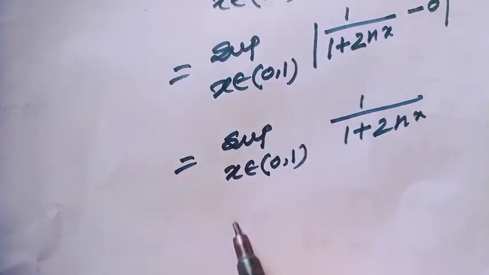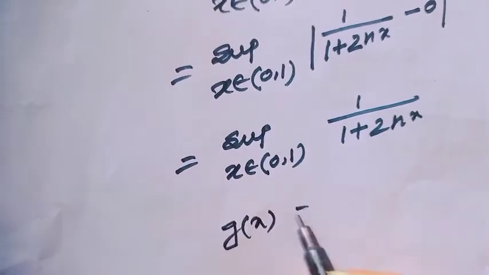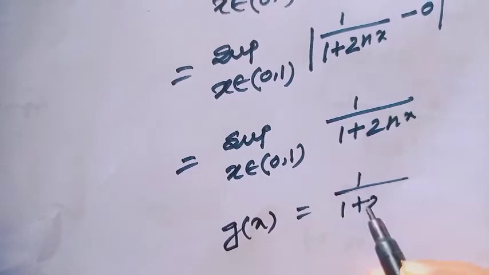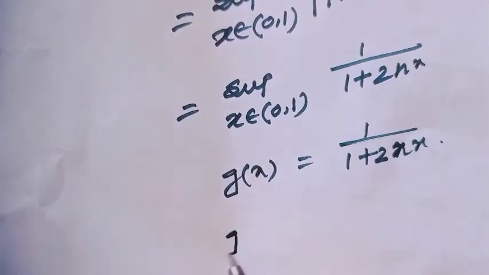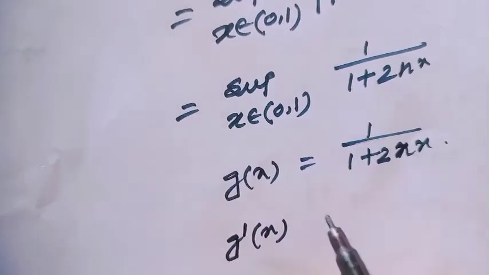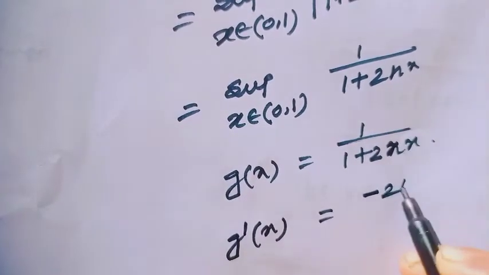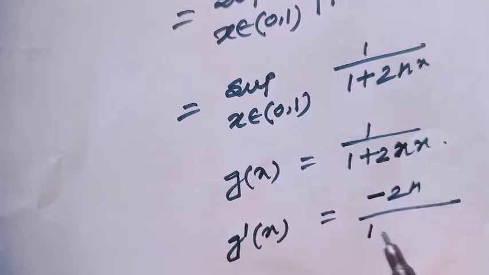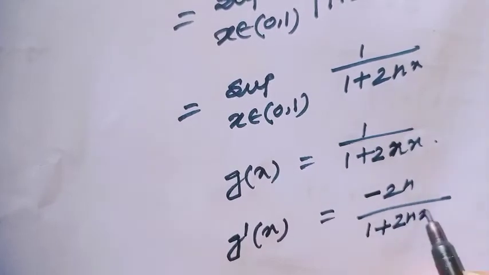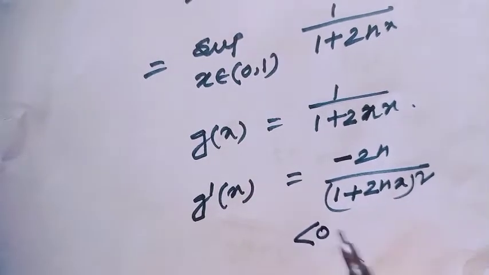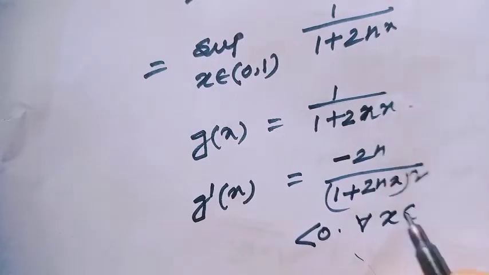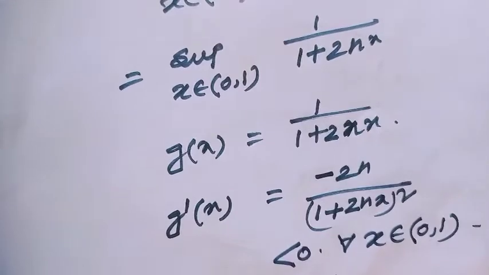Consider this function as g(x) equal to 1 over 1 plus 2nx. Then g prime of x would be minus 2n over (1 plus 2nx) whole squared, and this value is obviously less than 0 for all x belonging to the open interval (0, 1).